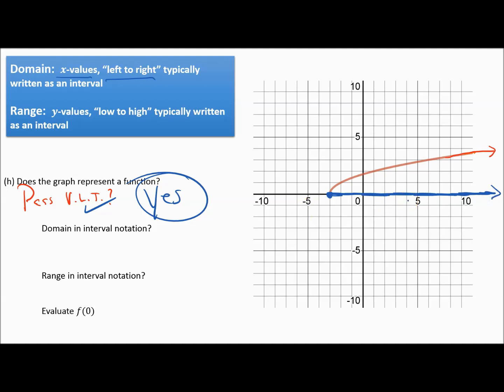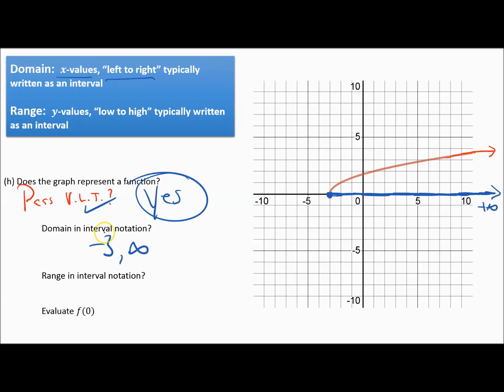So how do I write that in interval notation? Well, first it's left to right, smallest number to largest number. The smallest number that I've got shaded in blue right there is negative 3. Is that negative 3? Yes, that's negative 3. So I'm going from negative 3. How far to the right does it go? It goes all the way to infinity. It doesn't stop, right? So that's positive infinity, way out there to the right.